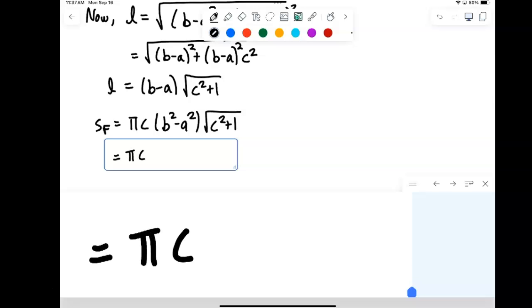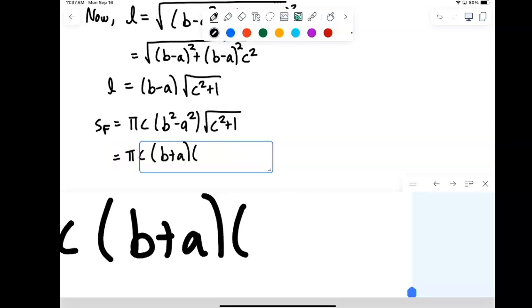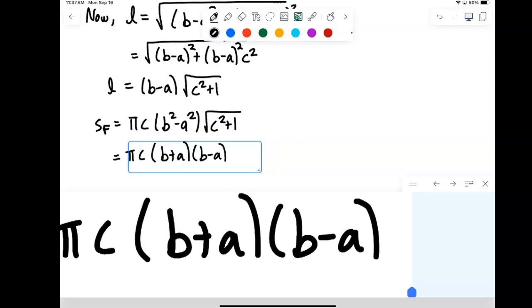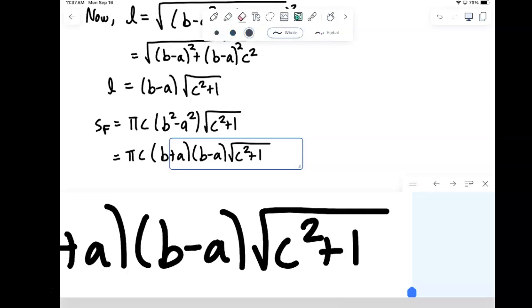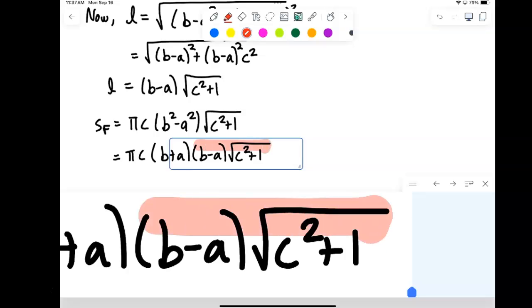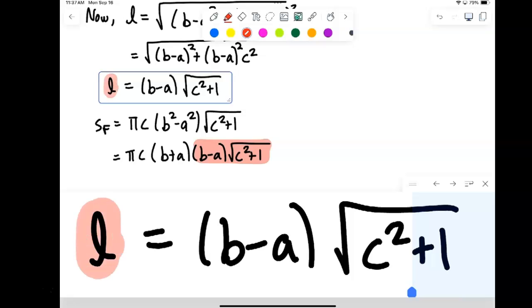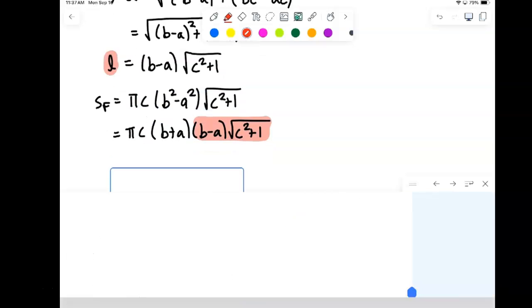Pi c times (b plus a) times (b minus a) times the square root of c squared plus 1. But this piece right here can all be replaced with L.